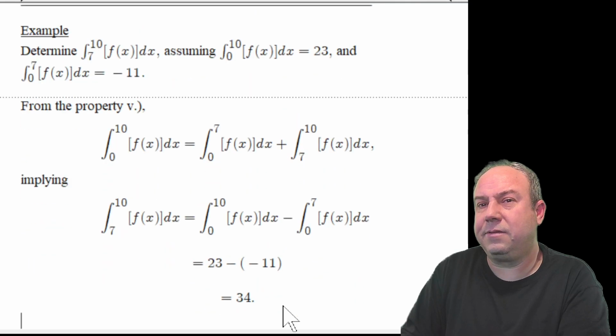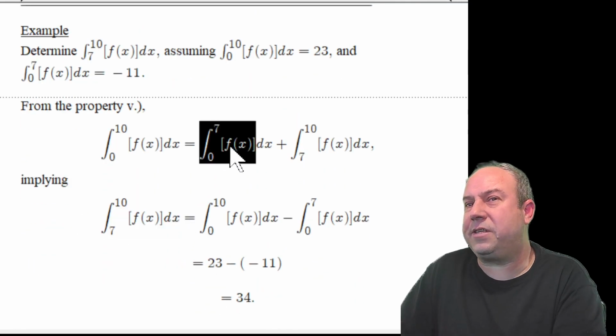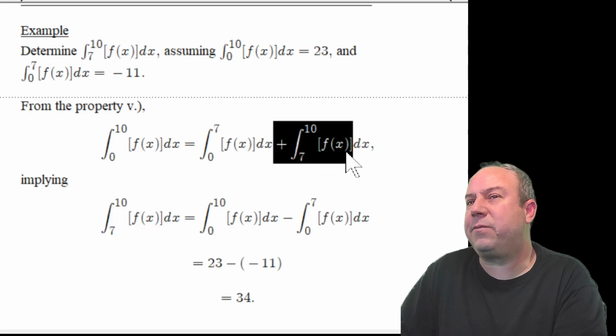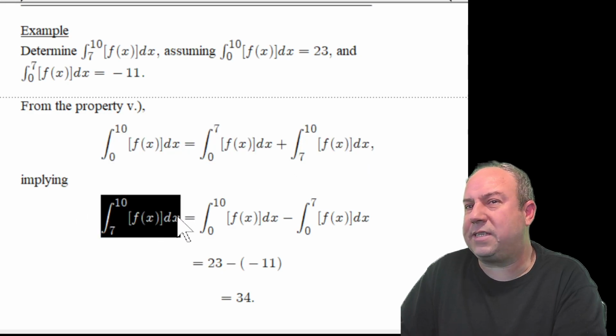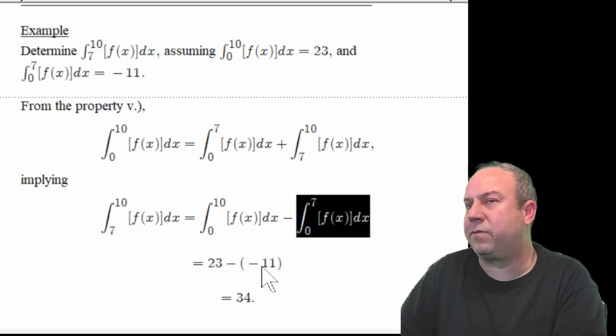Implying that if I solve for the integral from 7 to 10, if I subtract the one from 0 to 7 from both sides, I'll be left with the integral from 7 to 10 on one side, and it'll equal the integral from 0 to 10 minus the integral from 0 to 7.